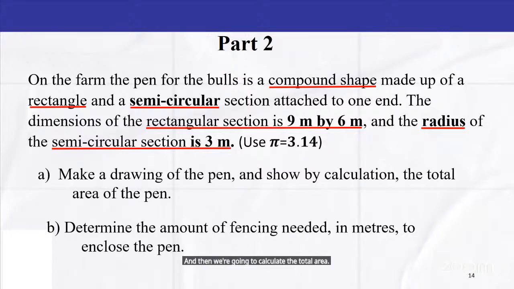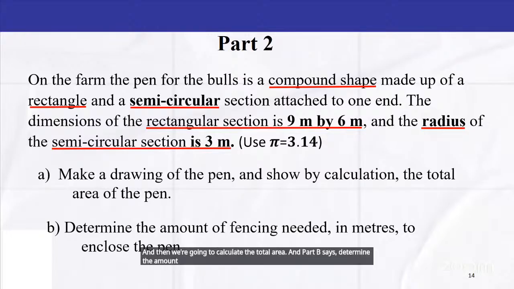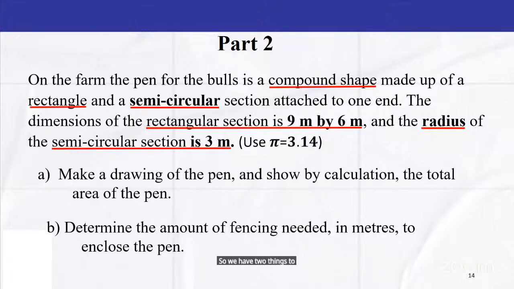And part B says, determine the amount of fencing needed in meters to enclose the pen. So we have two things to do. First thing we're going to do is to make a drawing. I'm going to give you about 30 seconds to do your drawing, and then I will show you what my drawing looks like. Then we can do the calculation, okay?